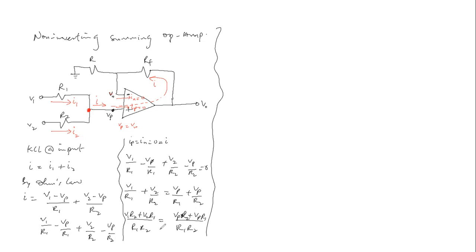Okay, now this part is the same as this part, so they can cancel each other. So that we now have V sub 1 R2 plus V sub 2 R1, as this expression is the same as this expression here, V sub P R2 plus V sub P R1.